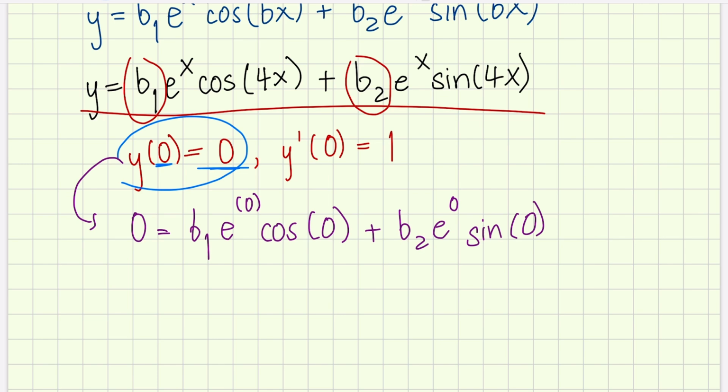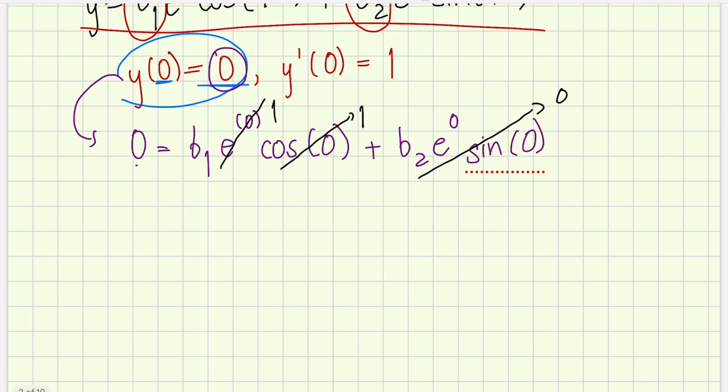I just substituted 0 for wherever I saw x and then equated it to 0 because it's right here. Now we know that sine 0 is 0, this gets cancelled. And cosine 0 is 1, and e to the power 0 is also 1. So I'm left with 0 equals b1. And there you go. We have one of the constants.